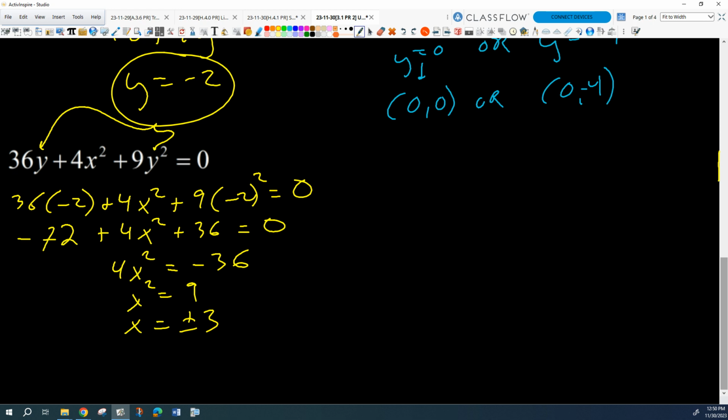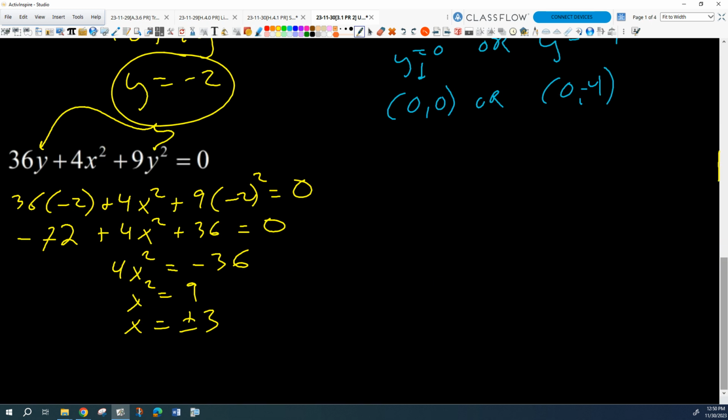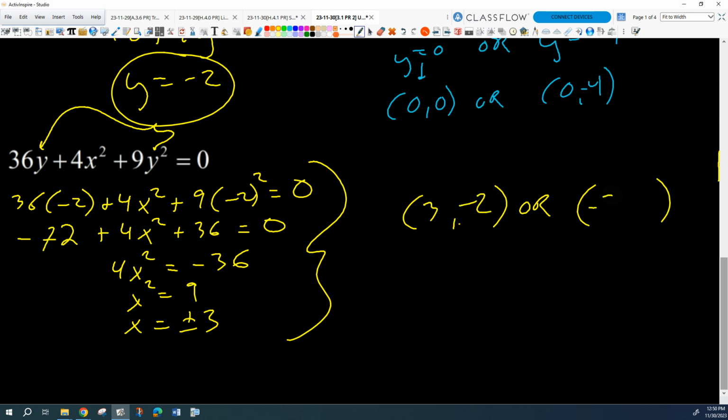What's the y-coordinate always going to be for every ordered pair? Negative 2. And I have two different x values. So don't I end up with the ordered pairs what and what? There you go. 3, negative 2, or negative 3, negative 2.